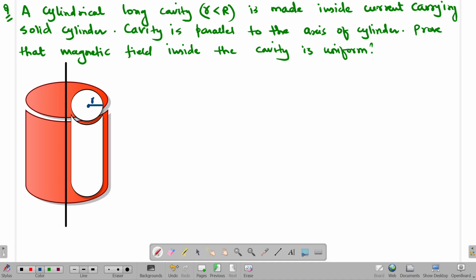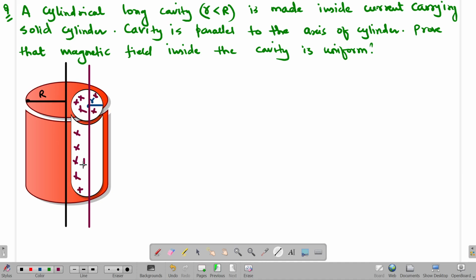And this is capital R. Some kind of such cavity is maintained, and the cavity is parallel to the axis of the cylinder. Prove that the magnetic field inside the cavity needs to be uniform. Means such kind of magnetic field should be present.